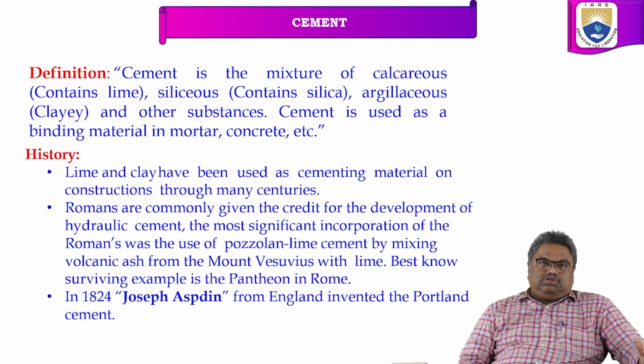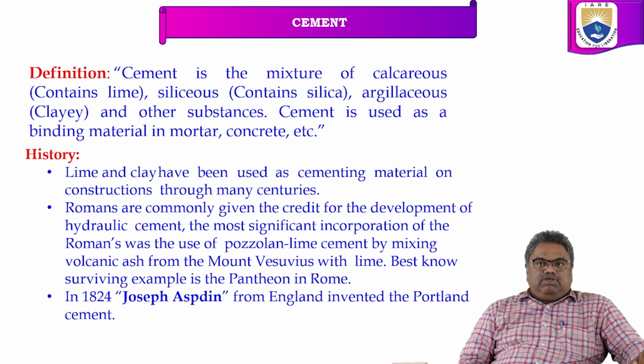So what is the history of cement? From which year has it come up? Let us see the history. Lime and clay have been used as cementing materials in construction throughout many centuries, especially by the Romans. Romans are commonly given the credit for the development of hydraulic cement.